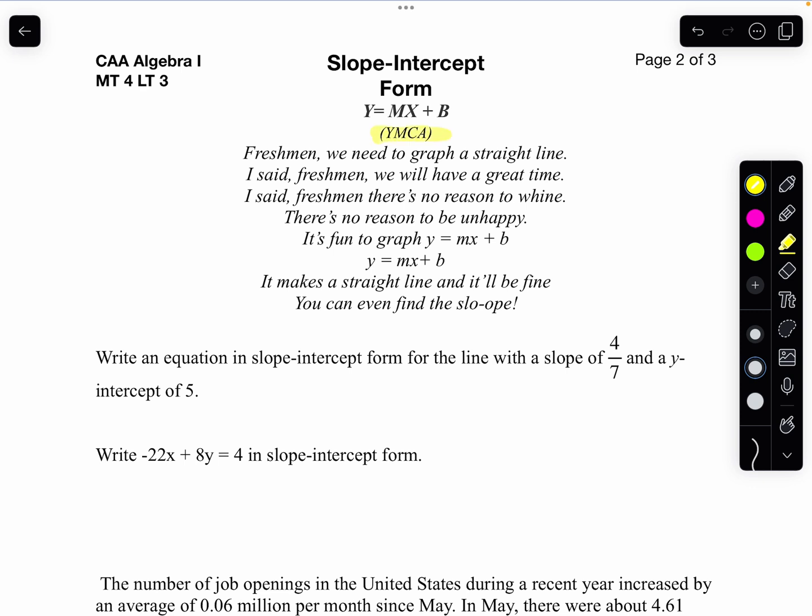YMCA. Freshmen, we need to graph a straight line. I said, freshmen, we will have a great time. I said, freshmen, there's no reason to whine. There's no reason to be unhappy. It's fun to graph y equals mx plus b.